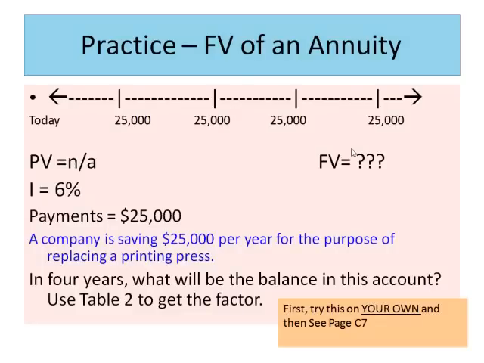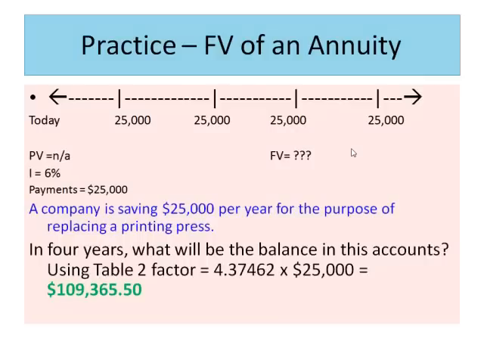Interest rate 6%, 4 years, and that factor is 4.37462. We multiply it by the 25,000, not 100,000, just the individual annuity amount. And at the end of 4 years, you'll have $109,365. If you had taken that same 25,000 and put it under your bed, you'd have 100,000. So you can see you earned about $9,300 in interest.